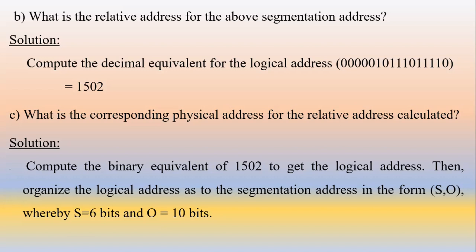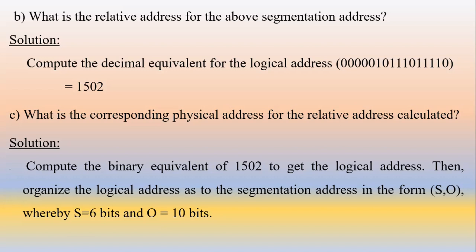And for us to be able to do this, we compute the binary equivalent of 1502 to get the logical address. So simply what we are saying, my dear students and the rest of the learners, is that we are supposed then to convert the decimal number 1502 to its binary equivalent.